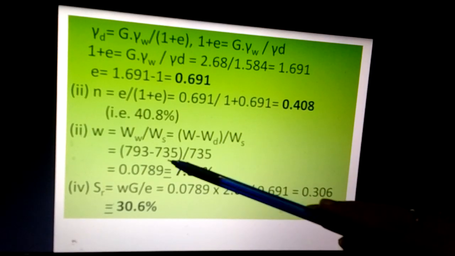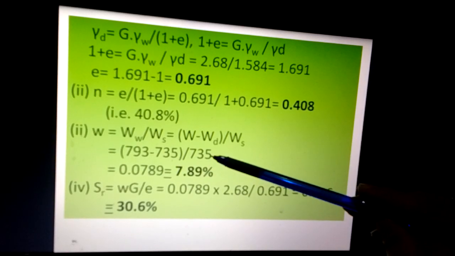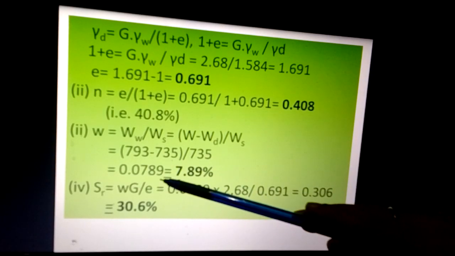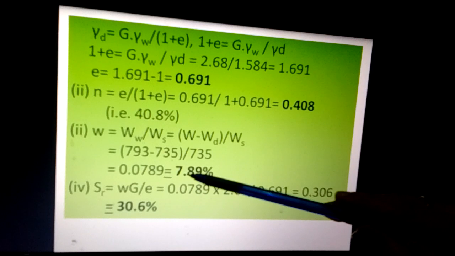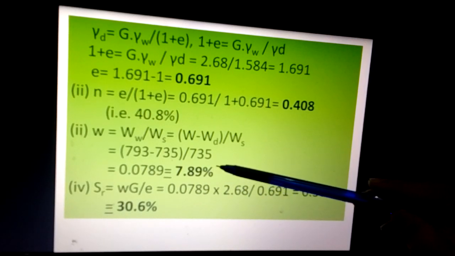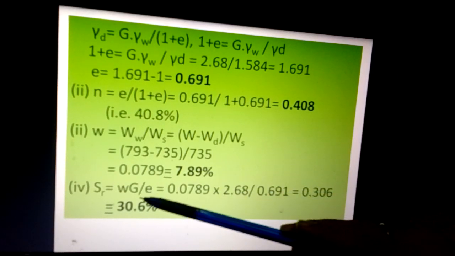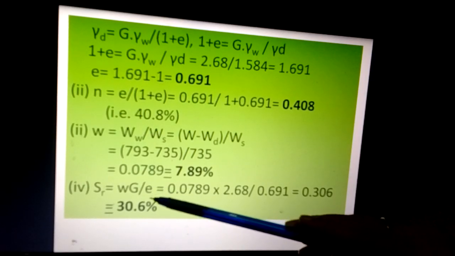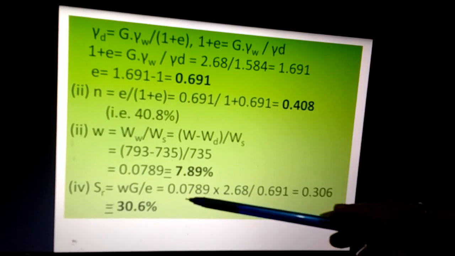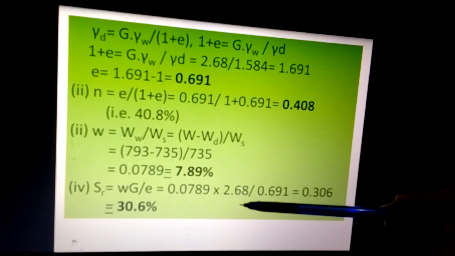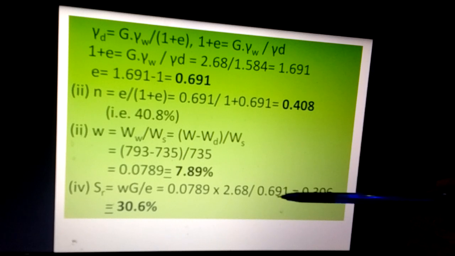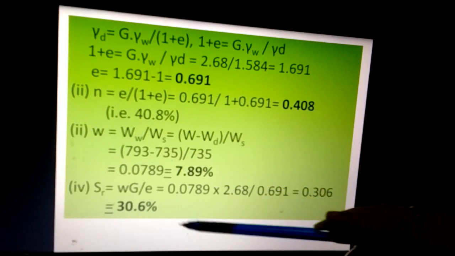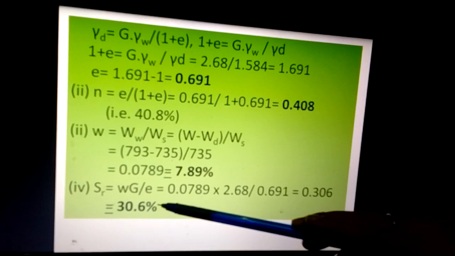So 793 minus 735 divided by 735 comes to 0.0789, which is equal to 7.89%, the value of water content. The degree of saturation Sr equals W G divided by E. Putting the value of W 0.0789 multiplied by 2.68 divided by E 0.691, this comes to 0.306. So this way we got a degree of saturation of 30.6%.